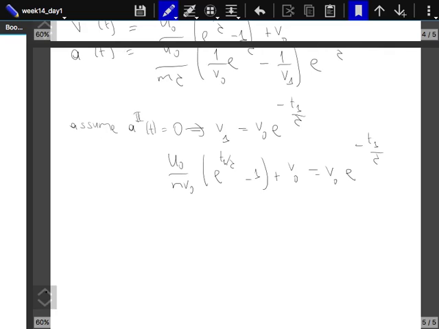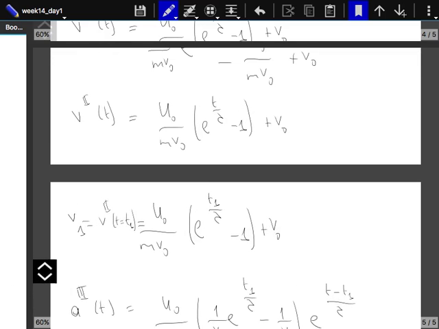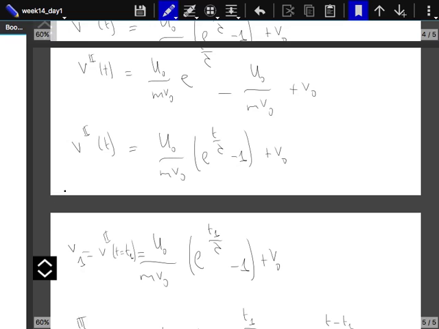Well, we still need to find what T1 is, at least what it satisfies. So this is V of t.